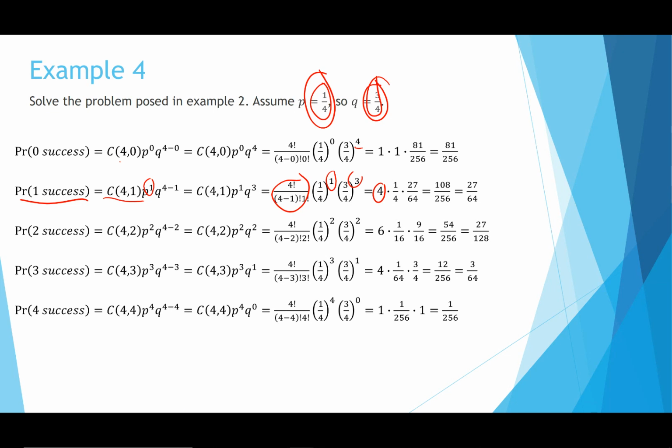Remember, 1 success, r is 1, n minus r is 3. So again, just let the calculator do all the calculating. I've shown you what each of these comes to. This number becomes 4. This number becomes 1/4 still, and 3/4 to the 3rd power becomes 27 over 64. So when you multiply all 3 of those quantities together, you get this simplified answer.